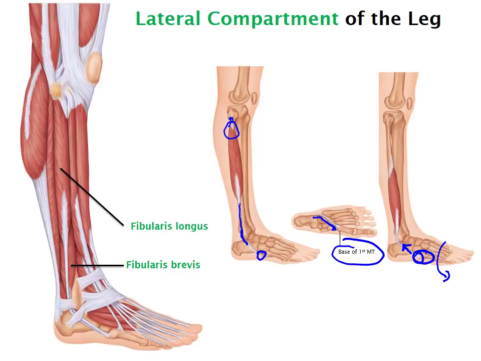These two muscles are innervated by the superficial fibular nerve, which comes off the common fibular nerve, and are supplied by perforating branches of the fibular artery.